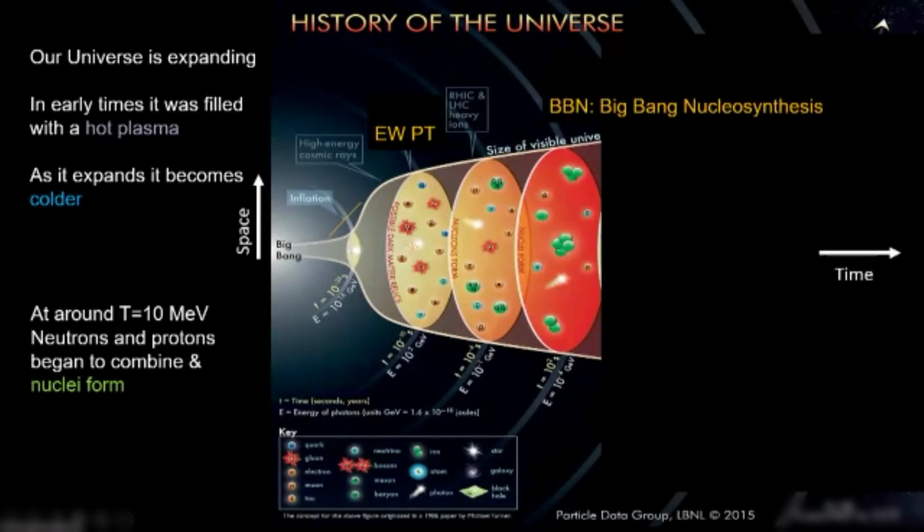This is the energy that gets the protons and the neutrons together in the nucleus of atoms. And indeed, neutrons and protons started to combine at this age and formed nuclei. They were positively charged, and electrons were still flying around wildly.